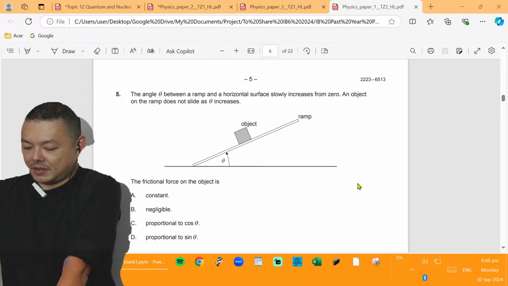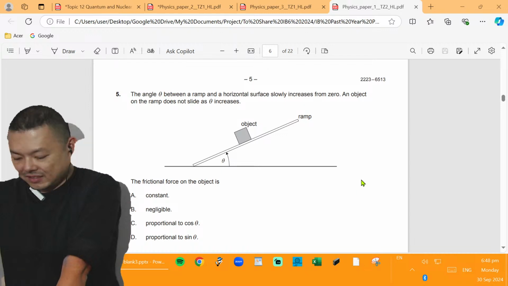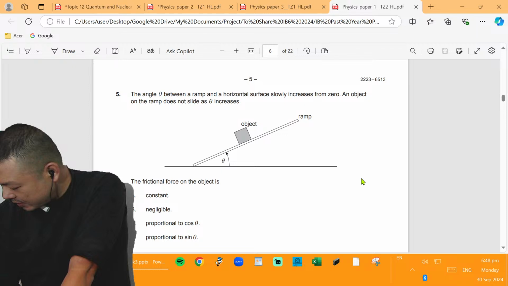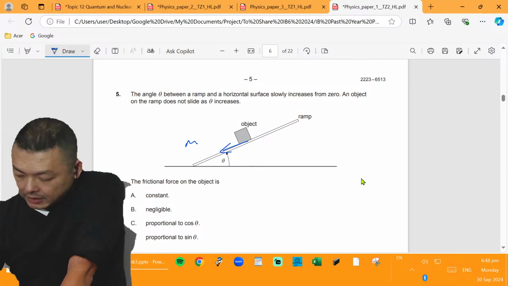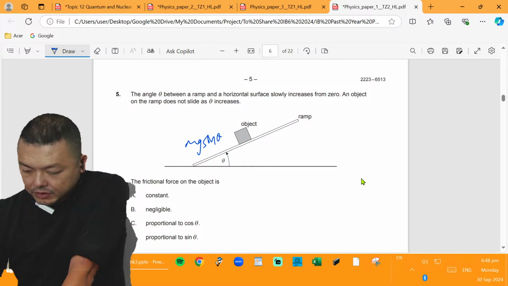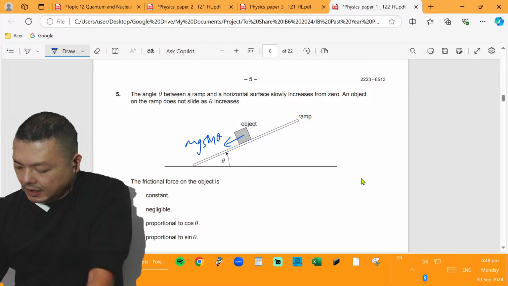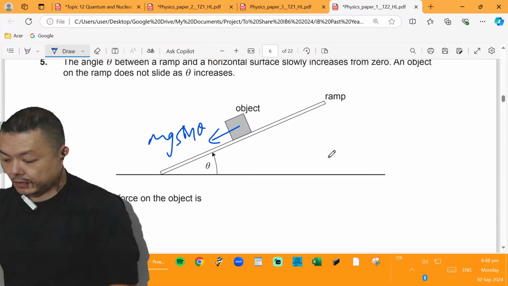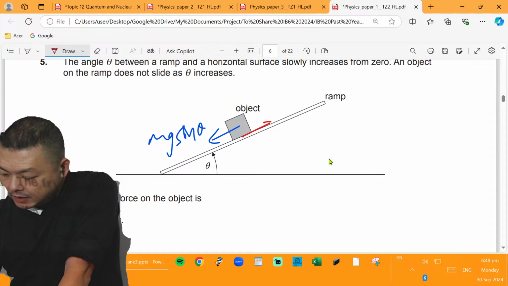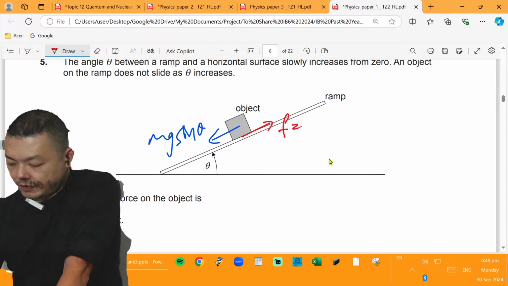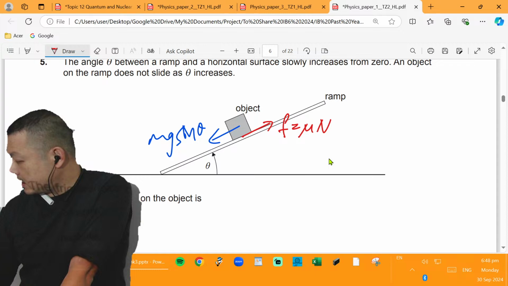It doesn't slide. So if it doesn't slide, what does it mean? Isn't this mg sine theta? Hang on, let me draw the arrow a bit carefully first. Mg sine theta, right? Doesn't slide. Then the friction is how much? The friction is like that.